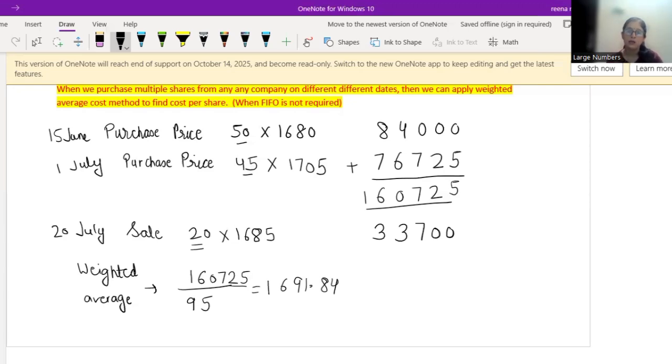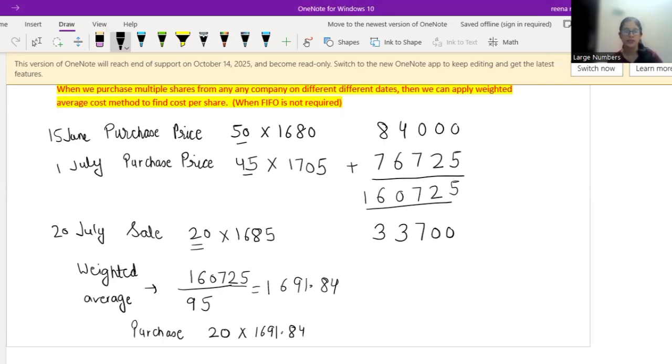Now I sold 20 shares. So first of all, I want to find out the purchase cost of these 20 shares. So I will multiply 20 with the cost price of one share. Let's find out how much is the cost of 20 shares.